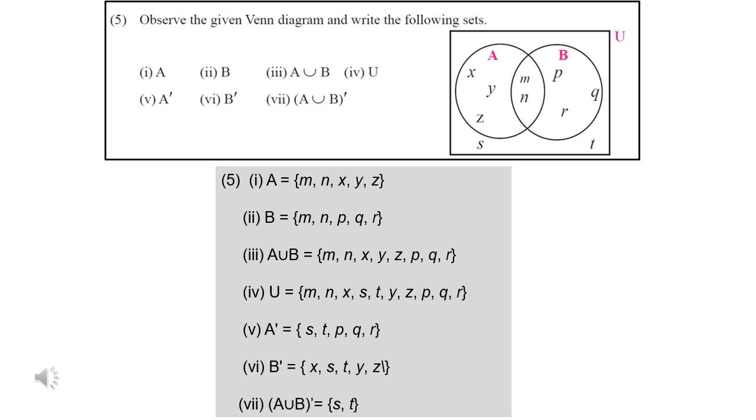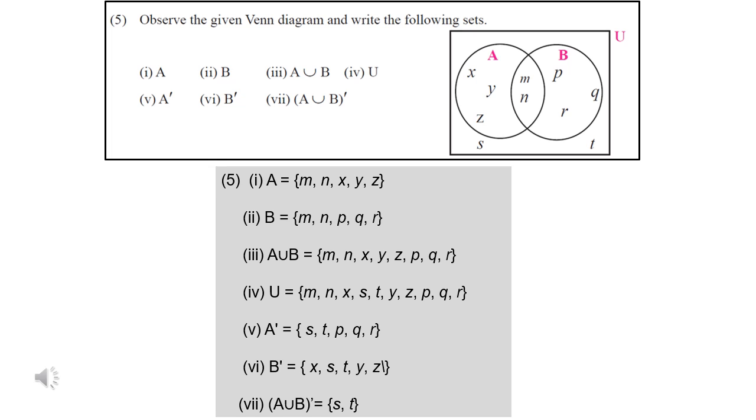So we have S, T, P, Q, R. Then B complement. Again, for B complement, we are going to write down those elements which are not present in B but present in the universal set. So you are comparing set B and the universal set. So we get X, T, S, Y, Z.